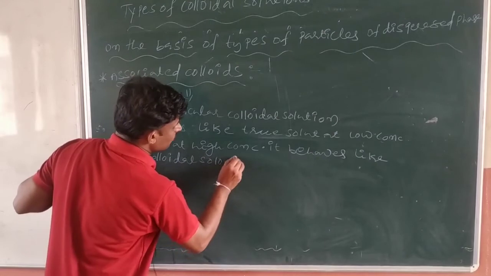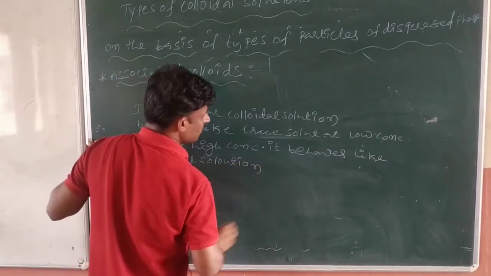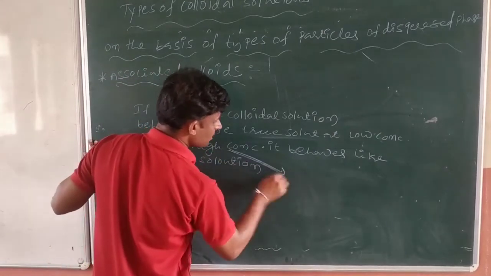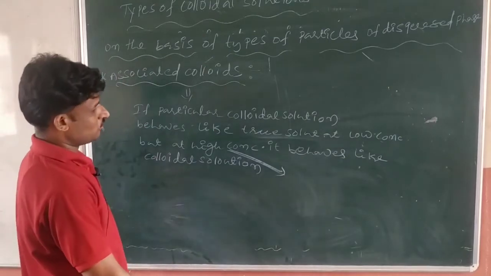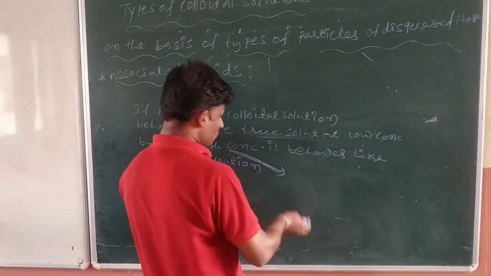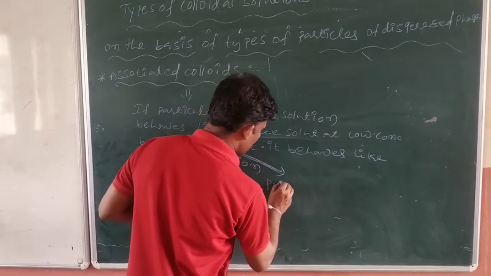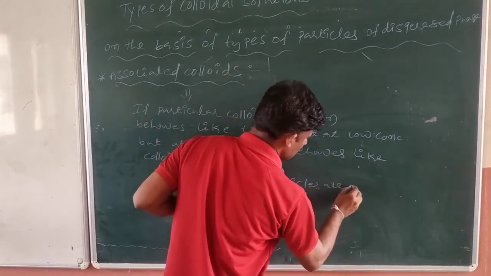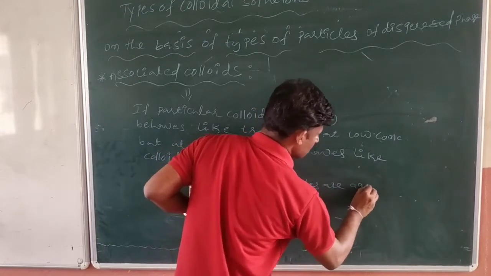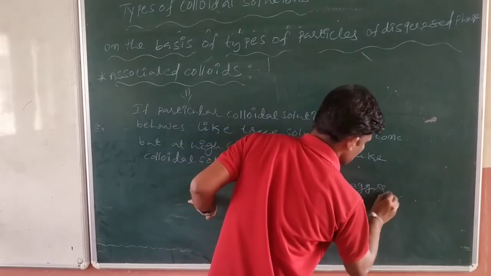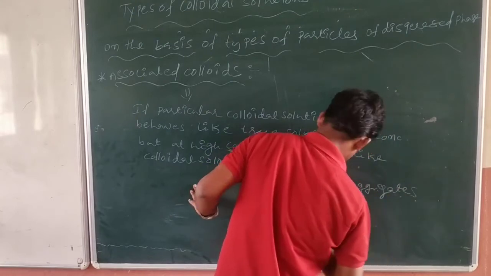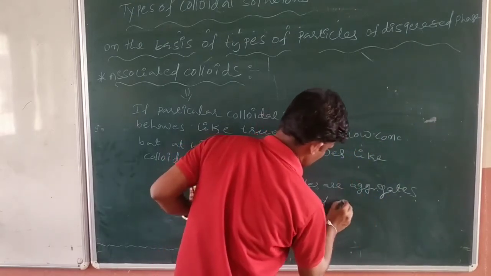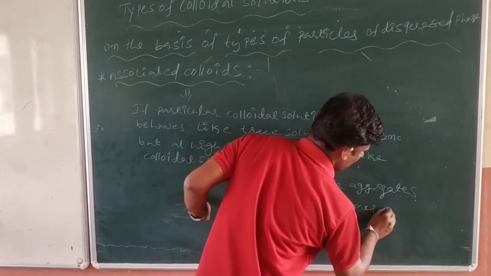So what is happening here, sir? Why is it behaving at high concentration like a colloidal solution? Because the colloidal particles aggregate and come into the colloidal range.